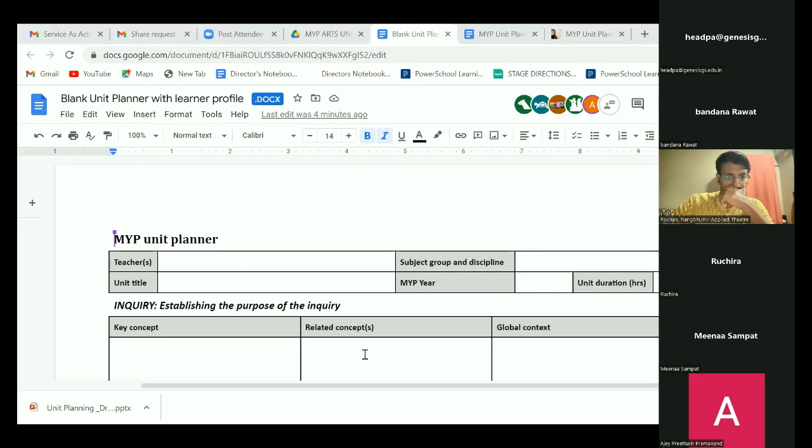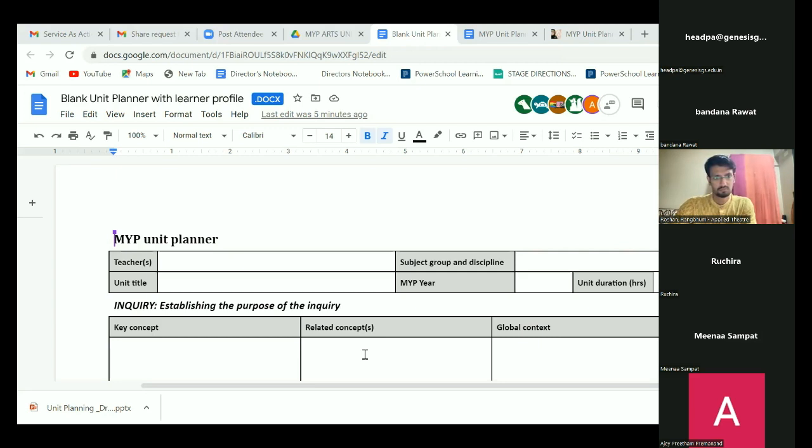Okay, makes sense. Communication, and then maybe we would go with related concept as role. Communication, and just noting it down, and related concept, you want it as role, okay.